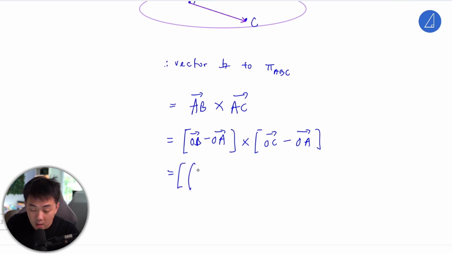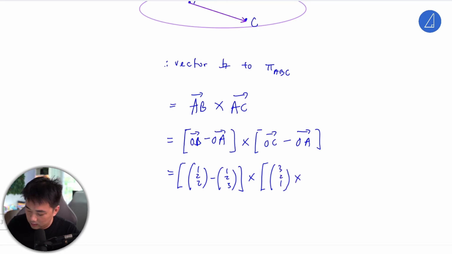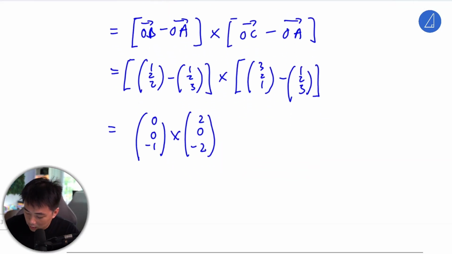OB will be 1, 2, 2 minus OA, 1, 2, 3, cross with AC, which is actually 3, 2, 1 minus 1, 2, 3. There you go. The cross product in this case will be quite okay.